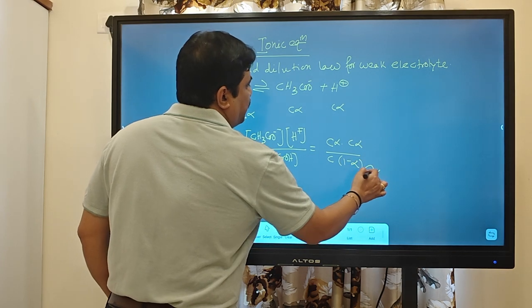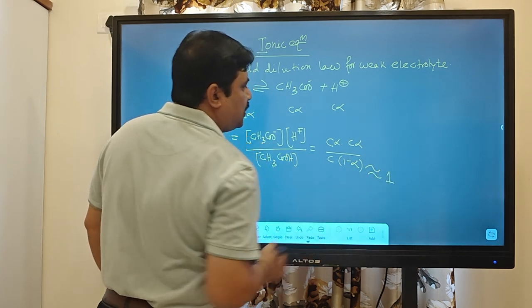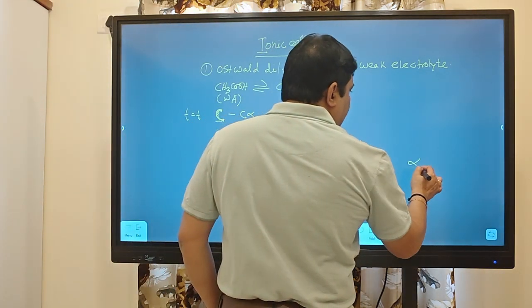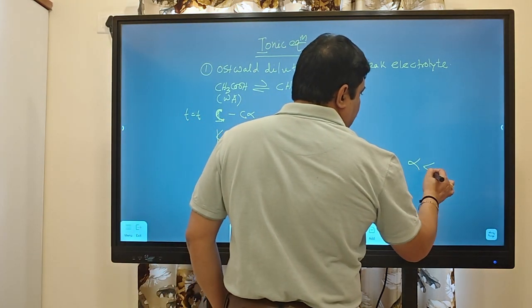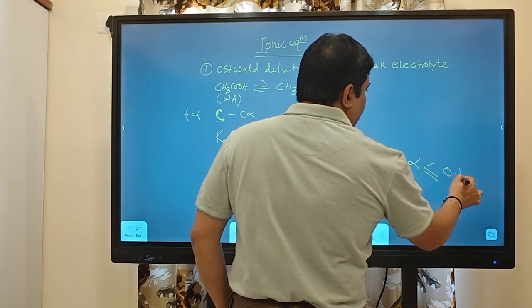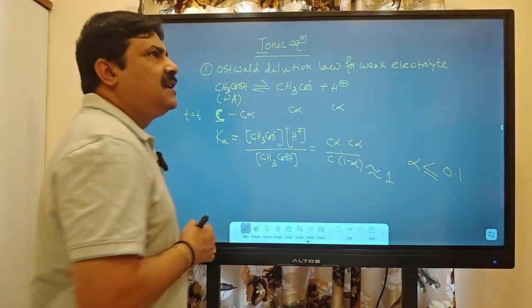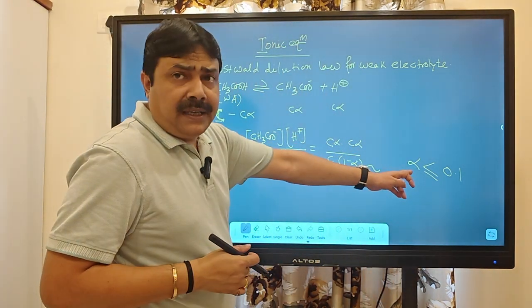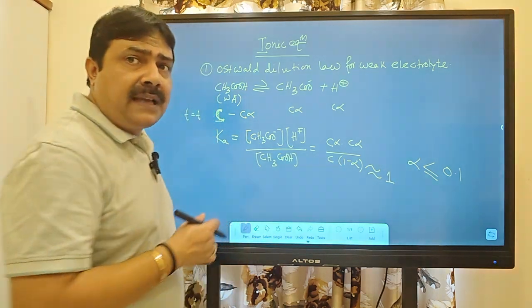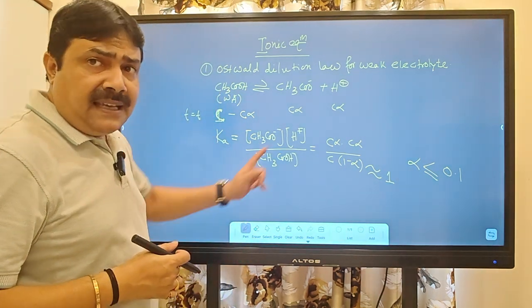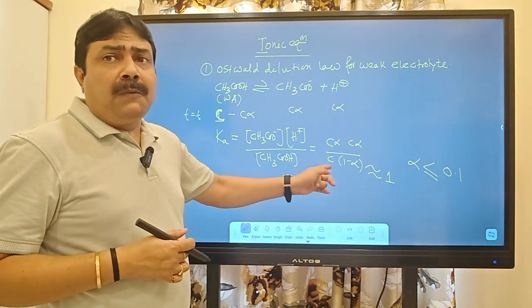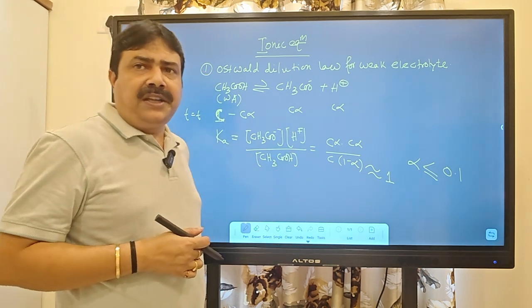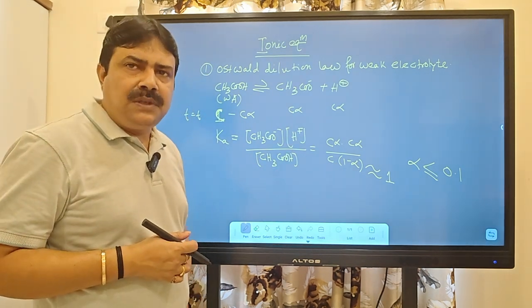And we take the approximation 1 minus alpha equals 1 whenever alpha is less than or equal to 0.1 or 10%. 10% means 10 by 100, which is 0.1. If it is not so, we can't take 1 minus alpha equals 1. This approximation is taken to avoid solving the quadratic equation.